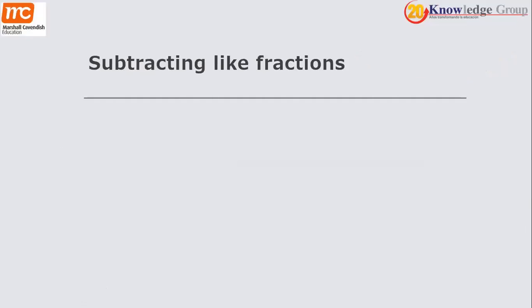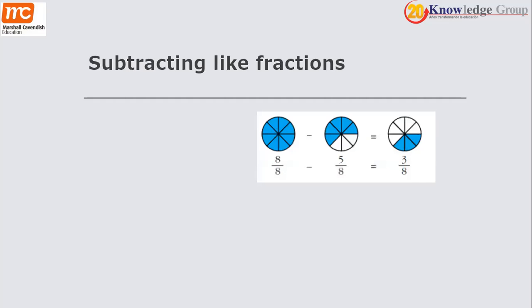What about the subtraction? Okay, the addition seems easy. See, I only have to look at the denominators and leave it like that, and I'm gonna work with the numerators. That's easy. What about the subtraction? Well, it's pretty much the same. Look at this. I had 8 pieces, okay?